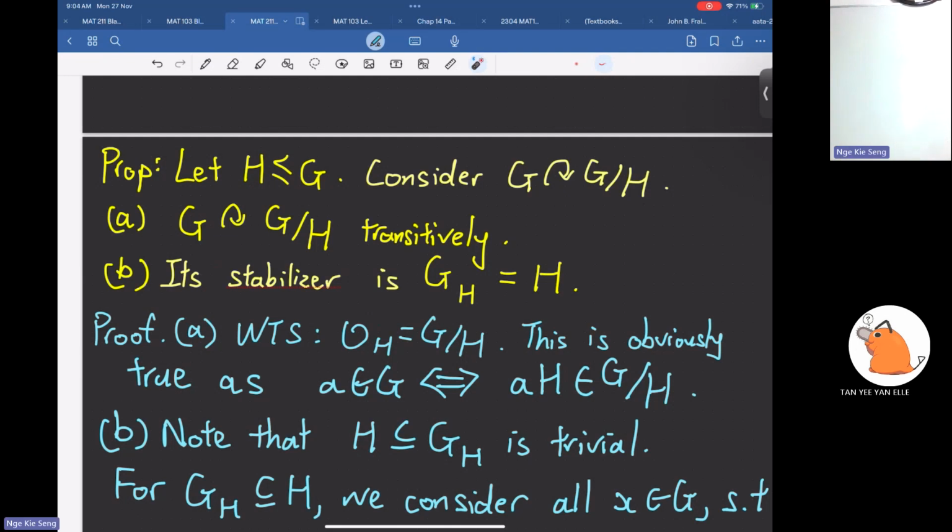The group action is transitive if the orbit of... orbit of what?